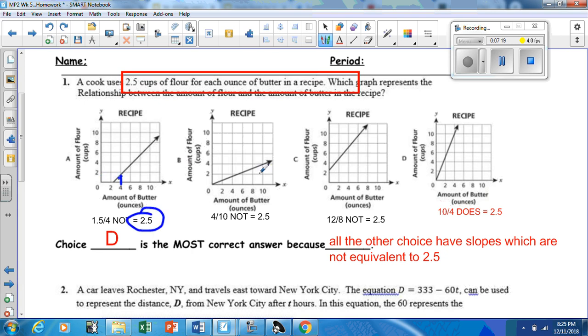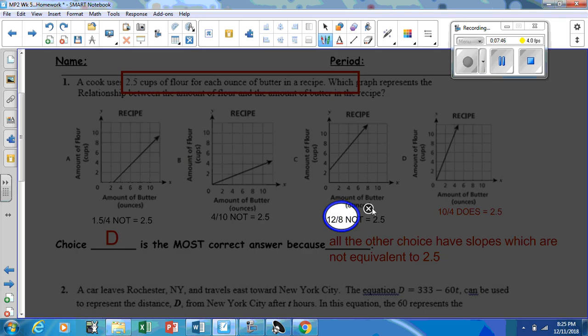However, by process of elimination, if I go up 10 and go over 4, that in fact does equal 2.5. So my best answer is D. That is the most correct because all of the other choices have slopes which are not equivalent to 2.5. That's pretty straightforward.